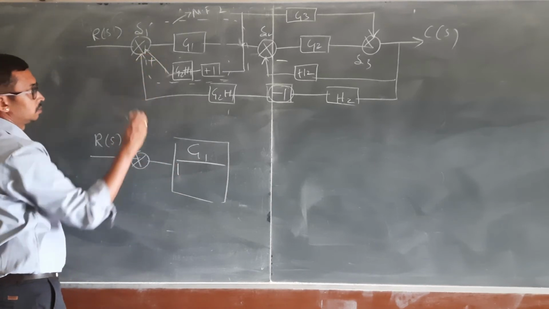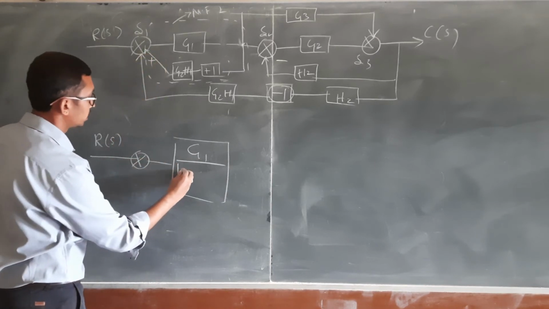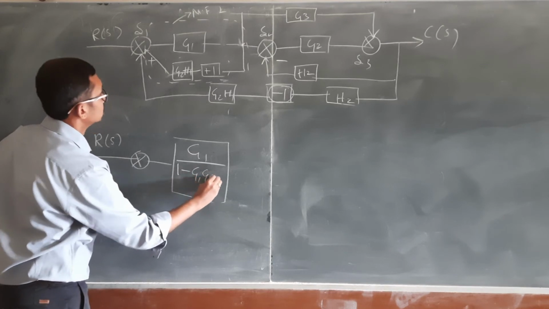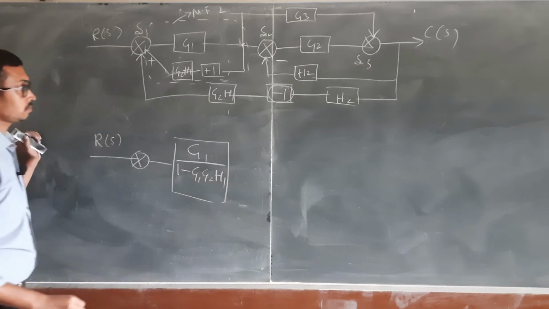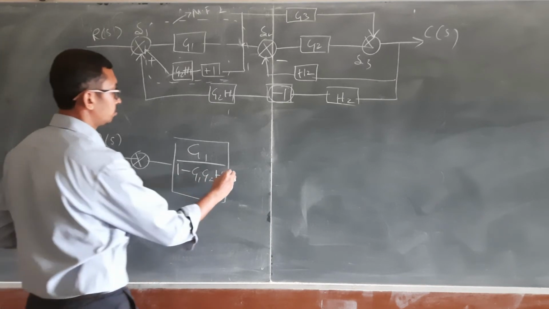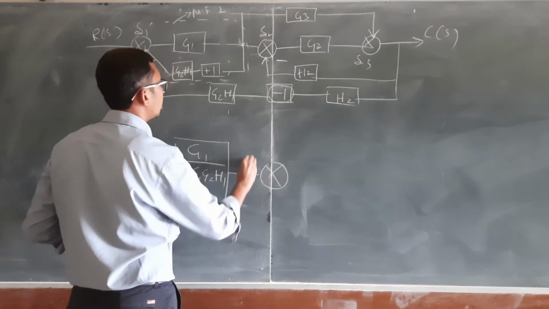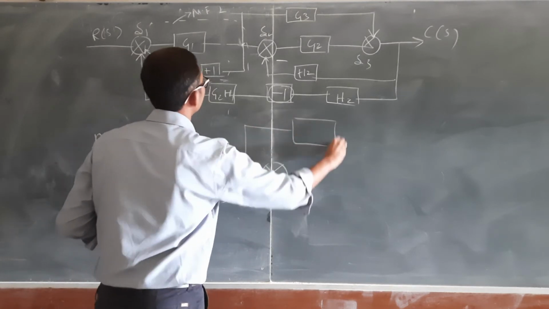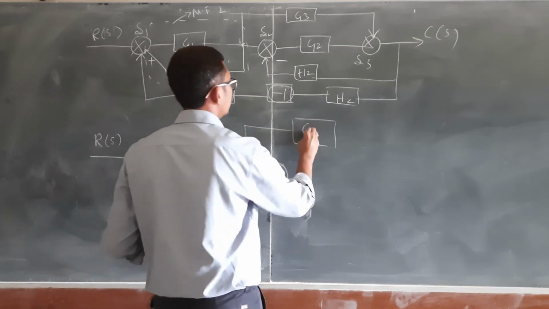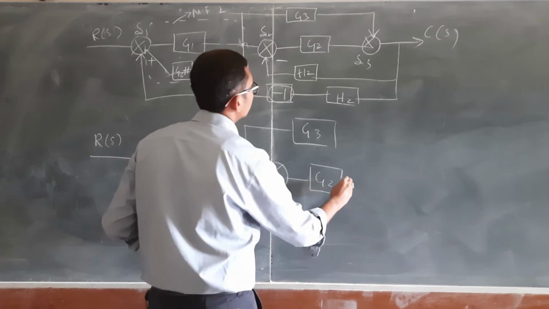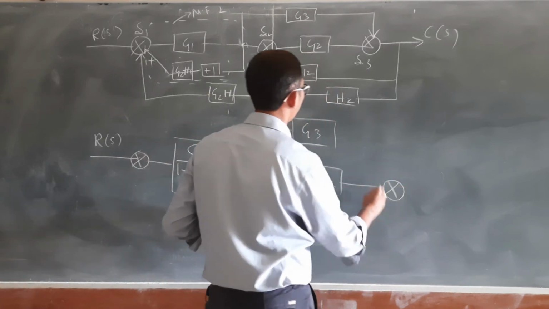Here the plus symbol is there, so it will be 1 minus G1 G2 H1. Next we have a summing point, and also a takeoff point with the G3, and here we have G2, and once again there is a summing point.